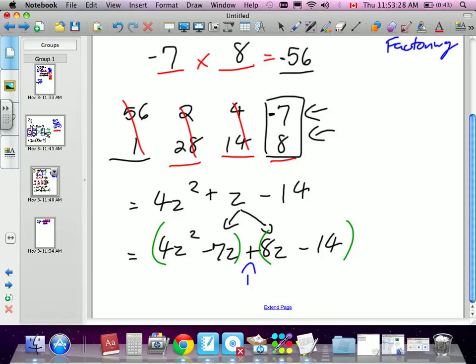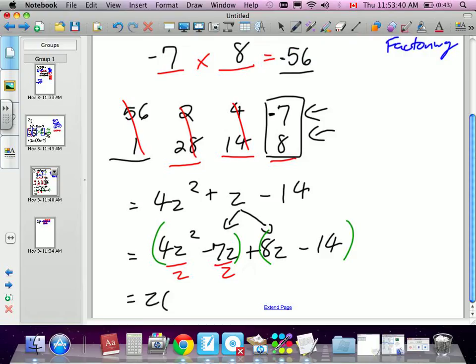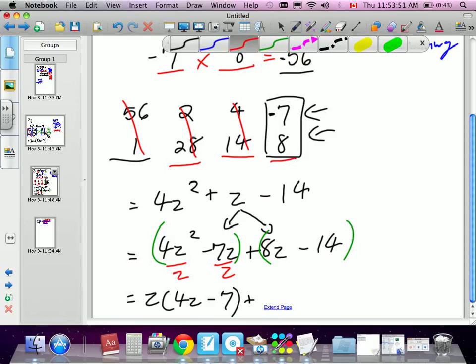We then look for a common factor in each bracket. So a common factor in the first bracket would be what? Z. That's right. We're going to divide both of these by Z. Z comes to the outside of the bracket. What would I have inside? 4z minus 7. I also look for a common factor in our second set of brackets. Is there one?